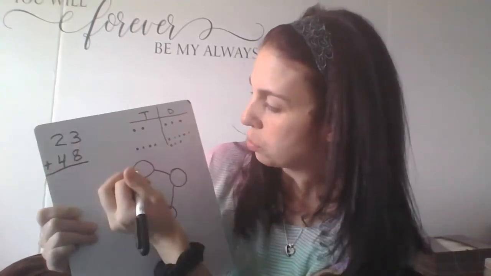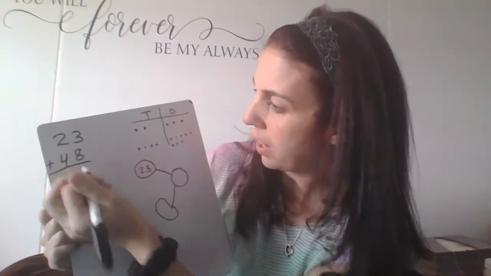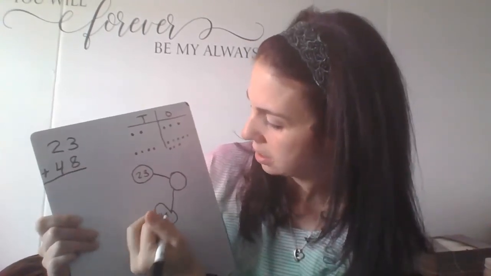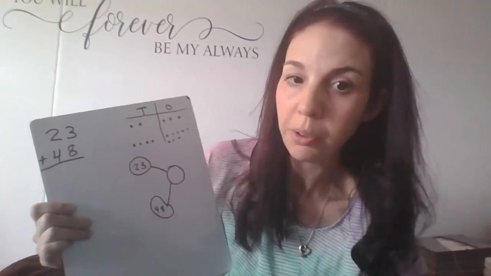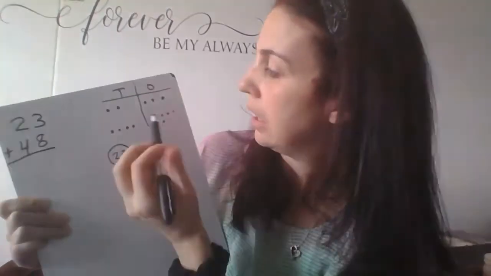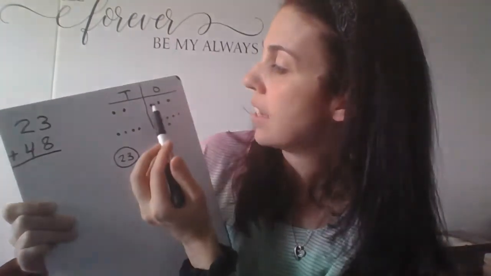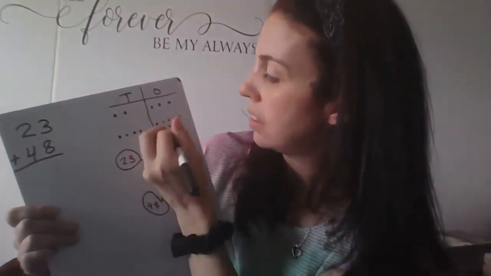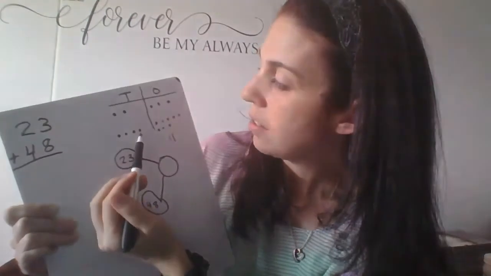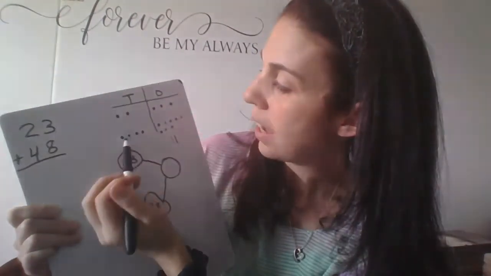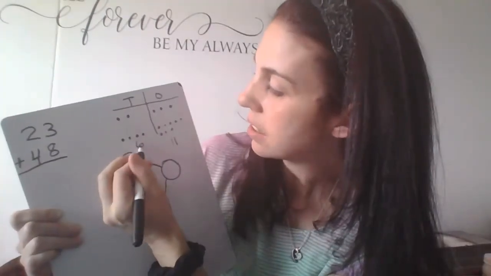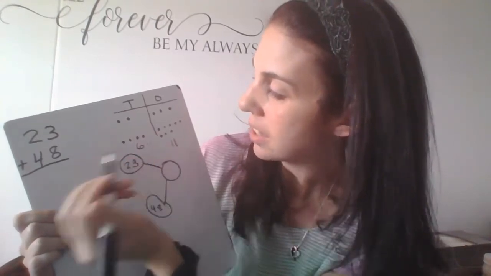So one part is 23, one part is 48, and then our answer would go here, okay? And if we look at our chip model, we can see that there's 8, 9, 10, 11, and to see that in our 10s, we have 4, 5, and 6, okay, which actually equals 60.